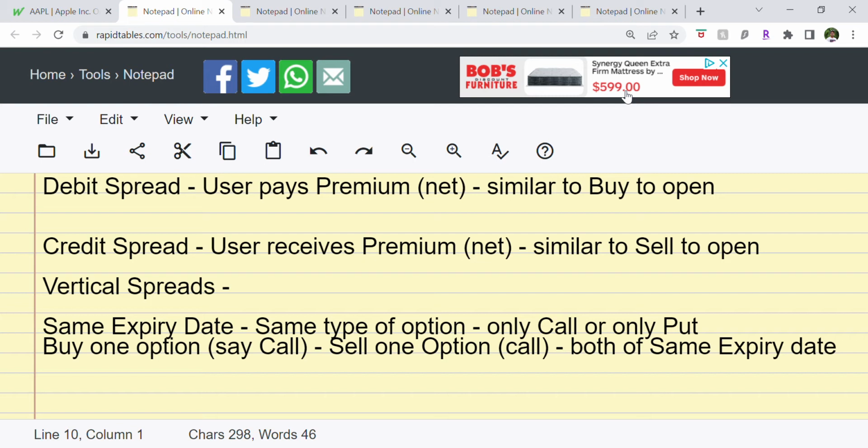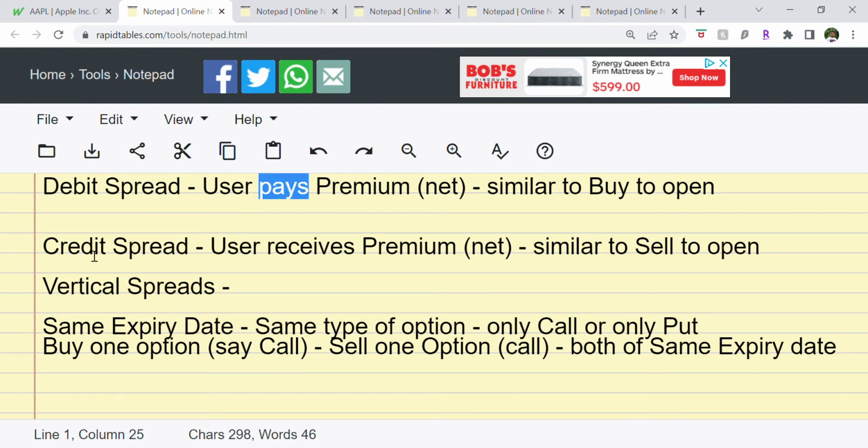If as a user we are buying something and selling something, and on the net difference of both we are paying money from our account, that is a debit spread. That means the end result is the user pays.